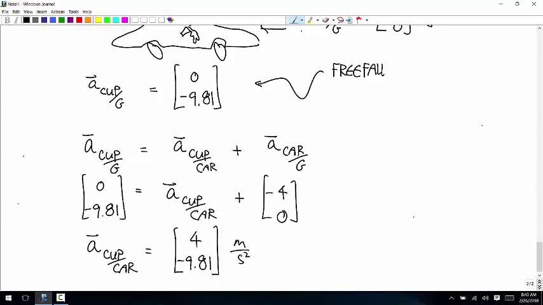But really the way to do this problem is to do the algebra. You can use your intuition as a sanity check, but do the algebra, and then we got a positive 4, so it's going forward.